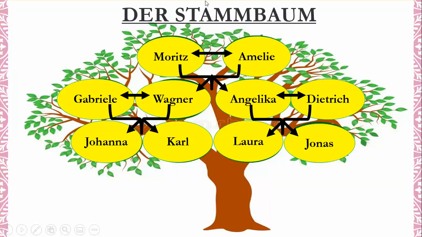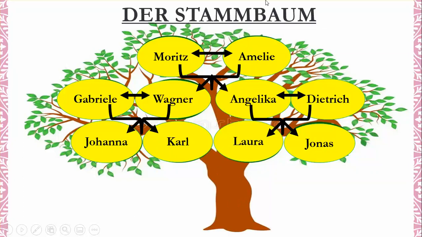Now, the word Stamm has interestingly two meanings in the German language. One meaning is the tree trunk, as you can see here, and the other meaning is family origin or family ancestry, as we call it.